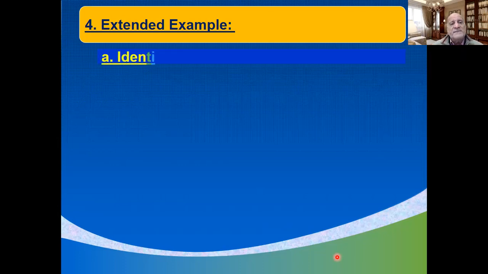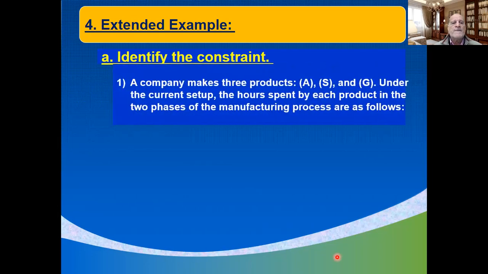The first step is to identify the constraint. Let us assume that a company makes 3 products, A, S and G. These 3 products are produced in that company.